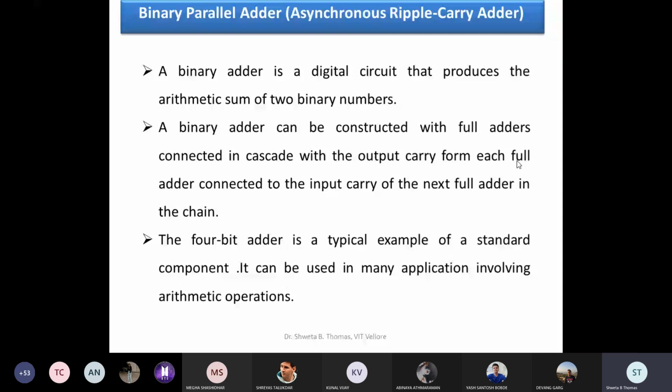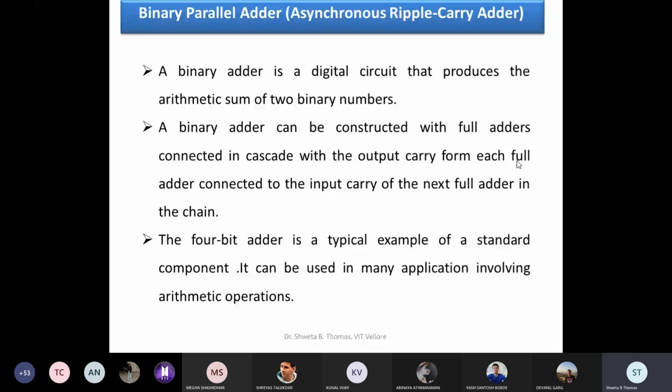It is a digital circuit that produces the arithmetic sum of two binary numbers. Any binary number, whether it is 2-bit, 3-bit, 4-bit, 5-bit, whatever length, you can add together with the help of the binary parallel adder.